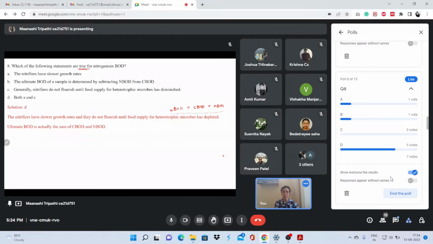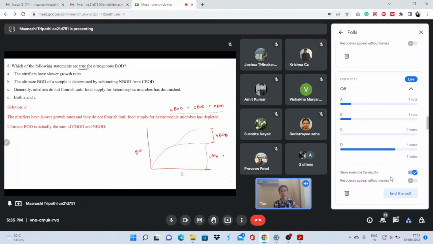Now A. Nitrifiers have slower growth rate because you have seen the BOD curve. The BOD curve is like this. So this is CBOD and this is NBOD. This is the time axis and this is BOD, meaning oxygen demand. Because nitrogenous BOD organisms are autotrophs.